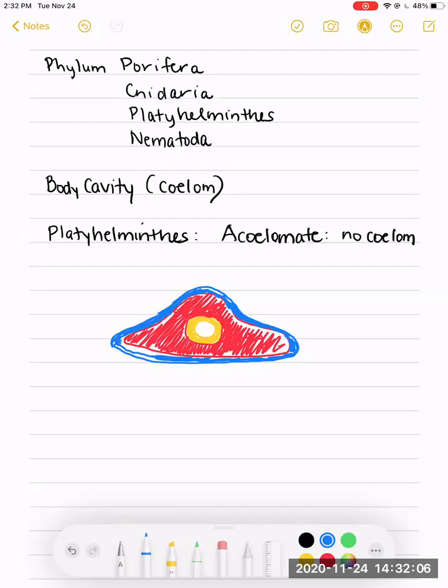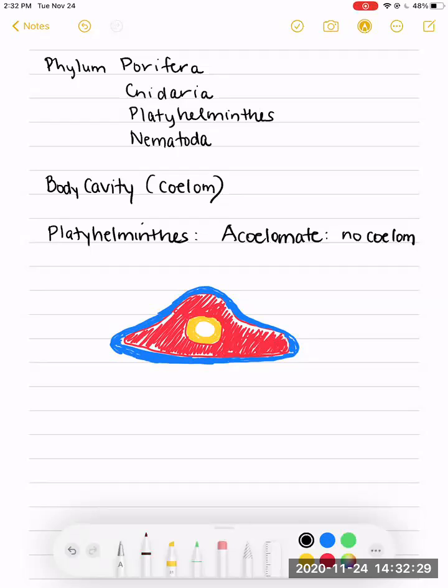What this means is these animals cannot develop complex organs because when the muscles of the body wall contract, it's going to crush the organs. So they really can't get very big and they can't get very complex. I'm not going to take the time to completely fill this in, but you get the point.